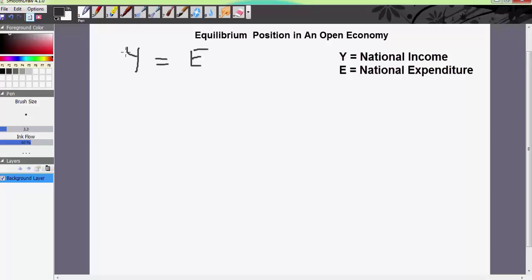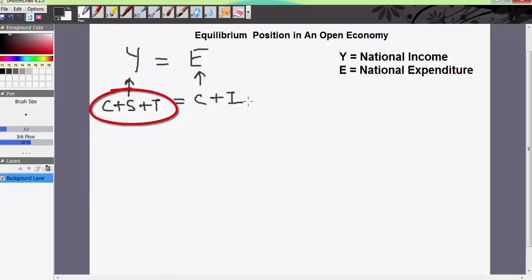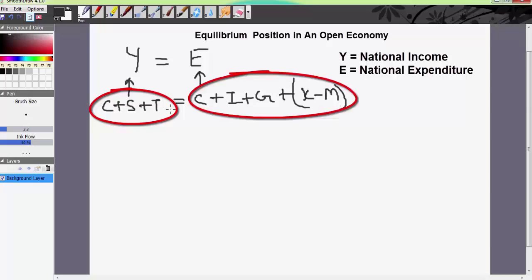Here national income, Y, will be equal to consumption plus savings plus taxes. And national expenditure, E, will be equal to consumption plus investment plus government expenditure plus the net effect of exports and imports. So this is the equilibrium position.